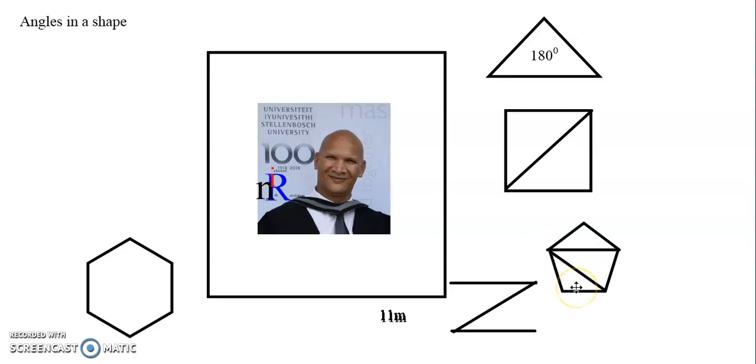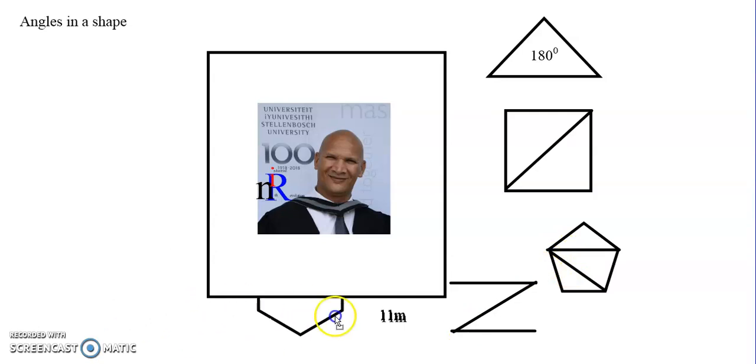Altogether, it will come to 540 degrees inside. If I want to know for a regular shape one of these angles, I divide that 540 by 5 and I get 108 degrees for each of these angles because it's a regular shape.